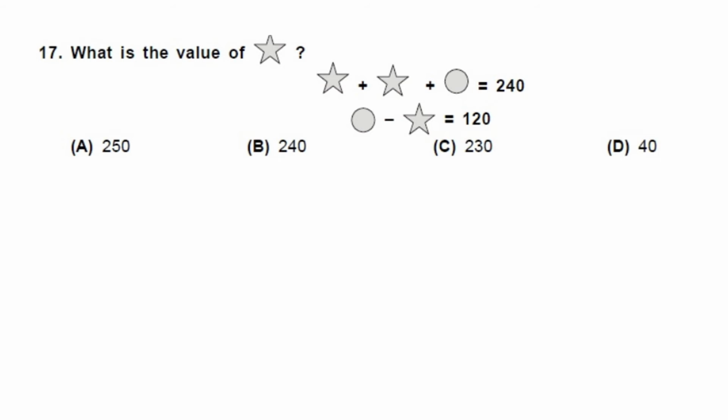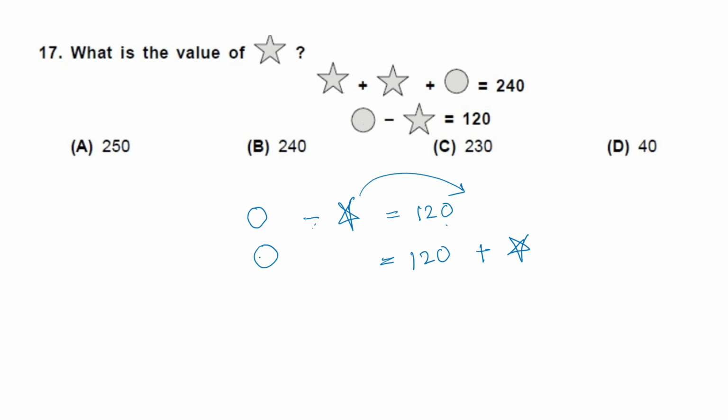Now these kind of questions are very common and they are replacement questions. For example, star plus circle is 240 and circle minus star is 120. Now if circle minus star is 120, I know that my circle, if I move my star this side, is 120 plus star because the sign will change as it moves sides.